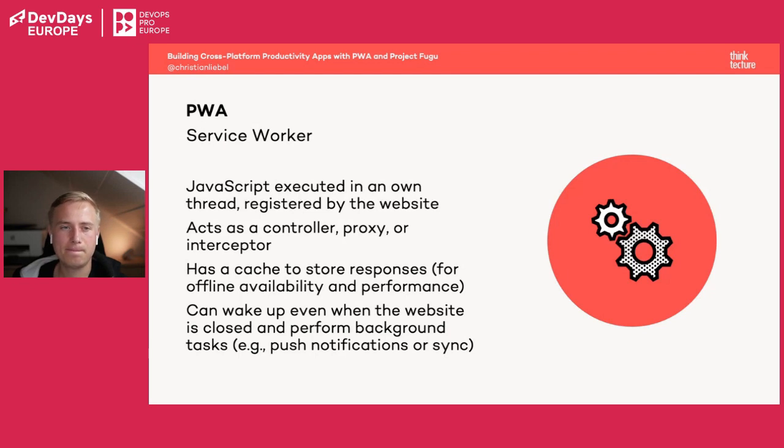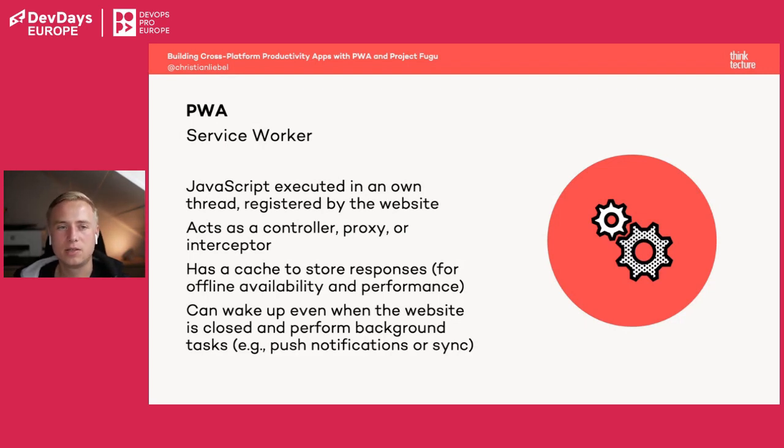Basically, a service worker is just a piece of JavaScript, a JavaScript snippet that is executed in its own thread and will be registered by your website. Once it's registered, installed and activated, it will act as a controller, proxy, or interceptor for your website. This means the service worker will be able to intercept any network requests that are sent over the network.